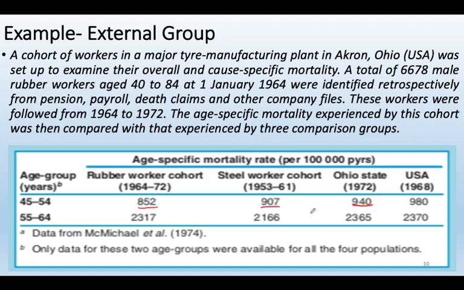Alright? Now, any one of you, if you are attending this video wisely, you can point out that the Ohio State worker mortality is pretty high in both these incidences, 940 and 2365. That means this is something odd, but this is not the case.